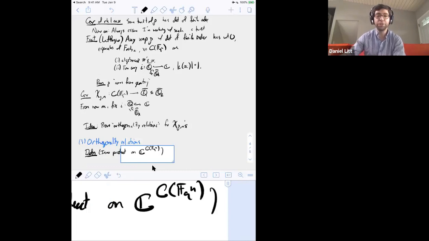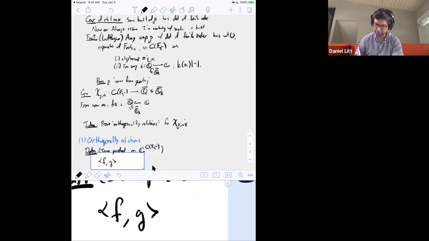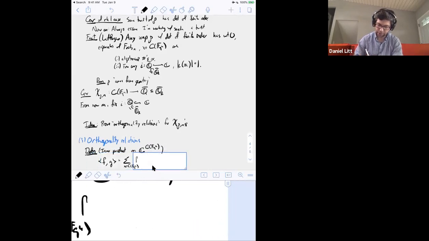These are functions valued on the points of the curve into C, and the chi rho n's are examples. Given two functions f and g from the points of our curve to the complex numbers, I define their inner product to be the sum over the F_q^n points of our curve of f of x times g of x bar.